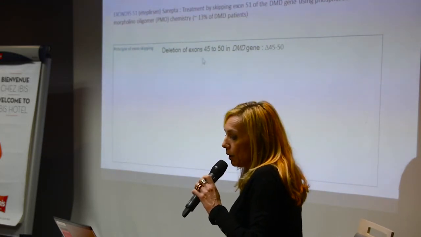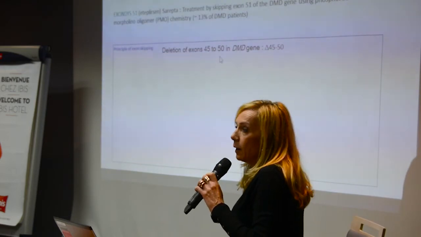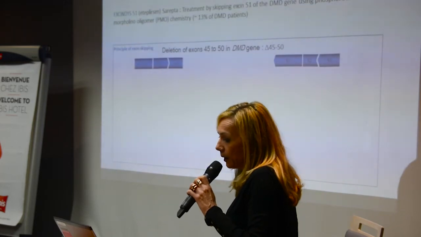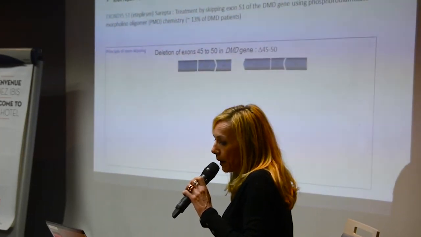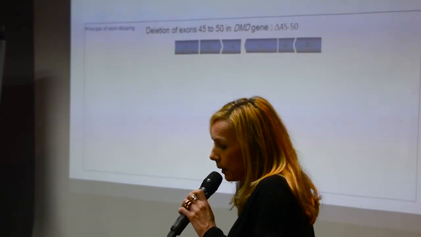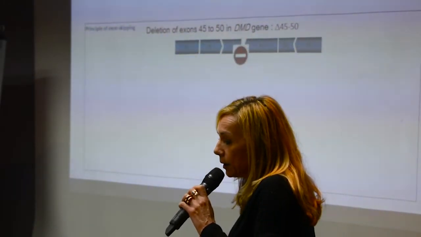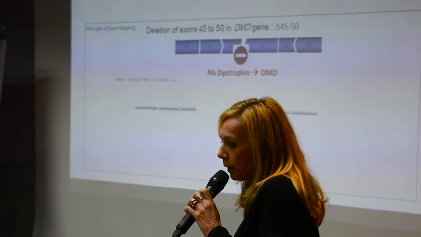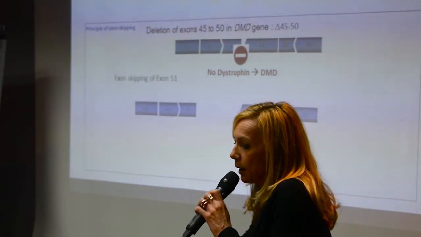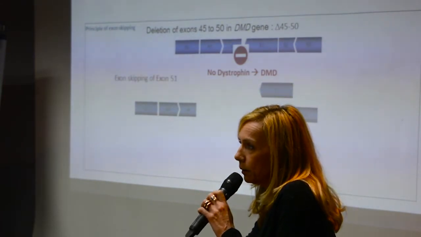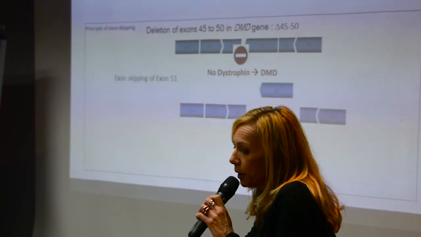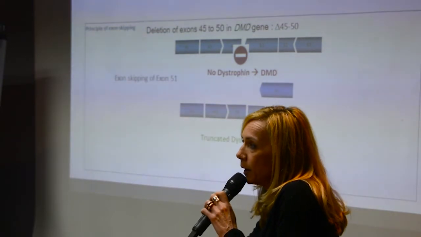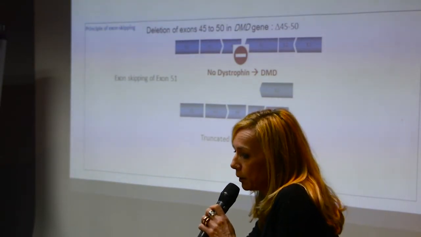If you have a deletion of exons 45 to 50 in the DMD gene, you have here the out-of-frame mRNA expression, meaning here that you cannot have dystrophin, so you have a DMD phenotype. The principle of exon skipping is to remove one exon, to restore the open reading frame in the mRNA, allowing expression of truncated dystrophin.